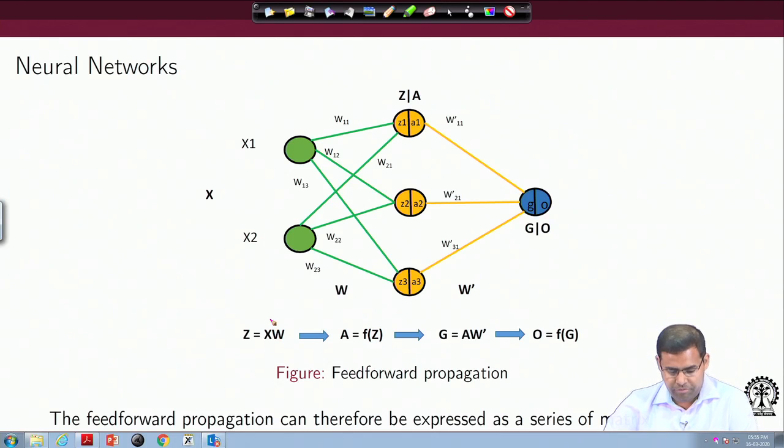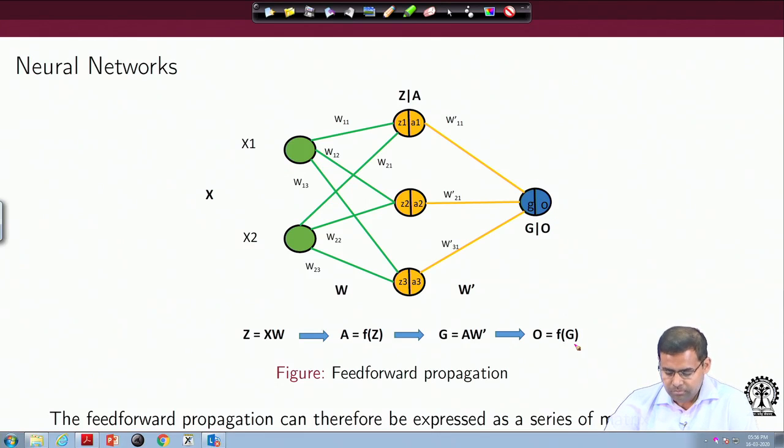So, we have A, the activation flowing through this, and this activation captured by the vector A gets multiplied by another set of linear maps, which we capture by the capital matrix w prime. So, A w prime gives us the input flowing into the next layer, which is some g, and on this g we again apply the activation function f, by which we mean a set of activation functions applied component-wise, and that gives me the final output.